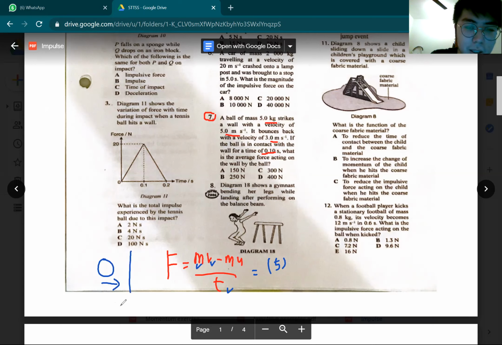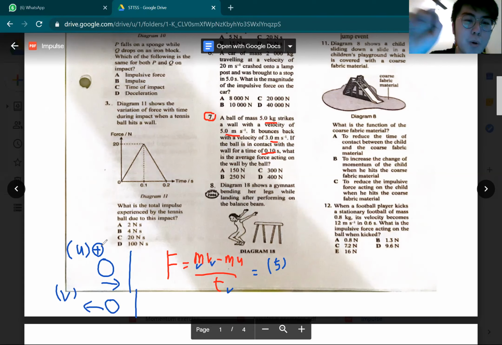After the collision, after the impact, the ball is moving away from the wall, right? So the final velocity should be negative because it is acting opposite to the initial velocity. So initial velocity u is moving to the right and it is positive, right? We always use positive for motion to the right, easier to remember.